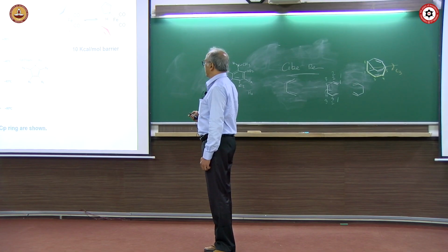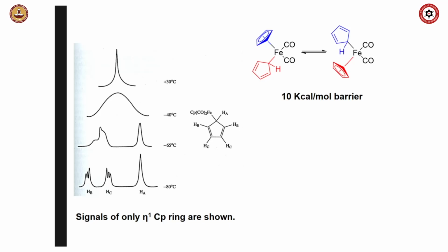Eta 5 and eta 1. When it undergoes rearrangement, the eta 5 goes to eta 1 and eta 1 goes to eta 5. That means in between temperatures, you will not see either eta 1 or eta 5, you will see only eta 5. So the spectrum becomes a singlet, all the 10 hydrogens in the molecule become equivalent.